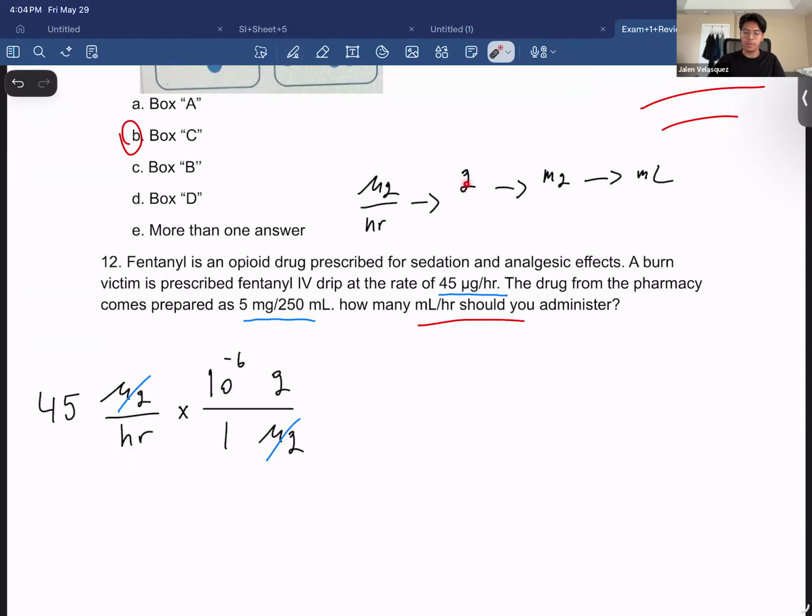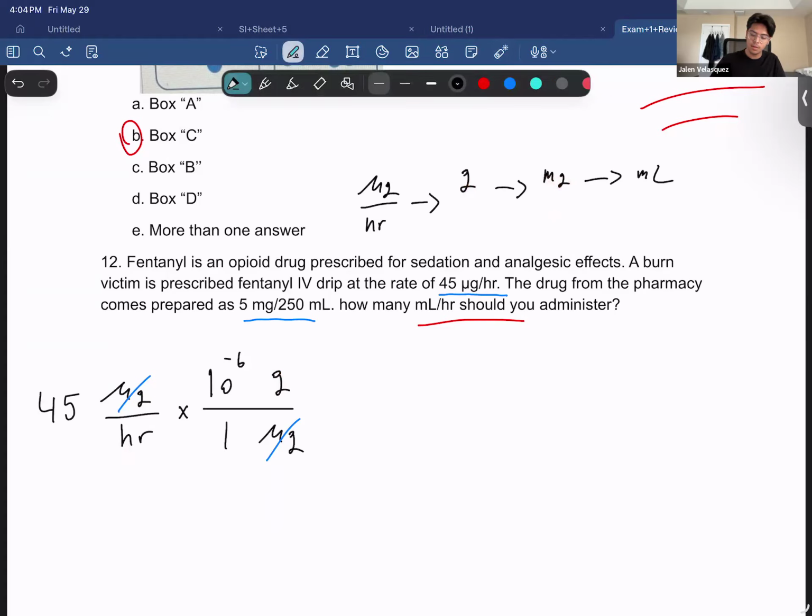Now we need to go to the milligrams. Does anybody know how to convert from grams to milligrams? Good. It's going to be 10 to the 3, right? So you know that 1 milligram is 10 to the negative 3 grams, or 1 gram is 1,000 milligrams. So there, your grams cancel off.